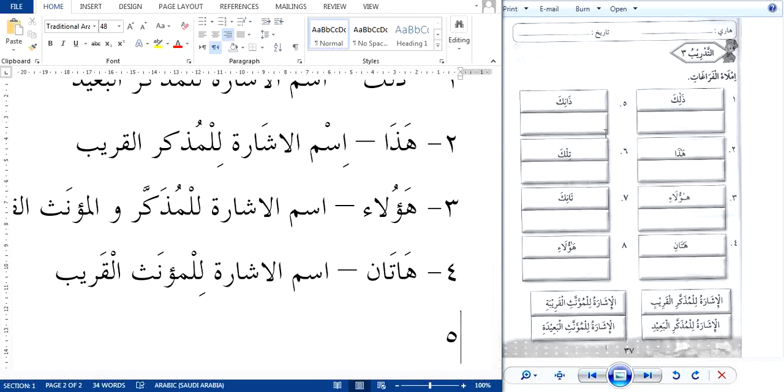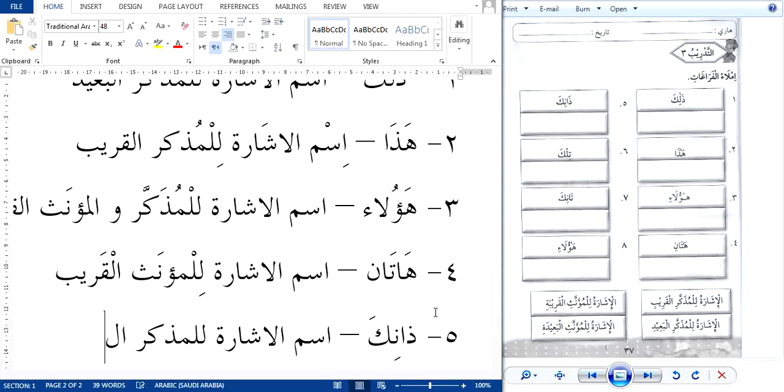Number 5 at the top here. See, 5. ذلك. ذلك also starts with ذال and alif, meaning for what? For مذكر. ذلك is اسم الإشارة للمذكر البعيد.